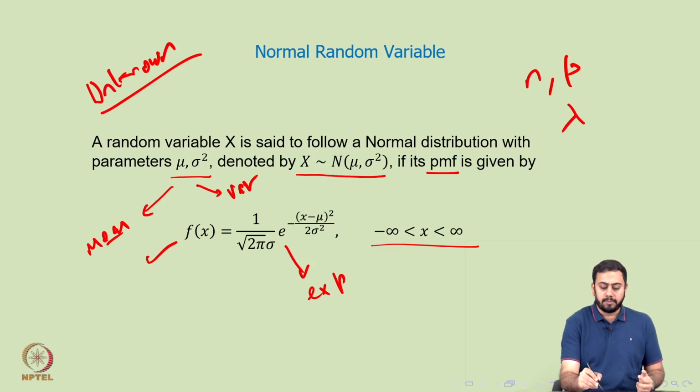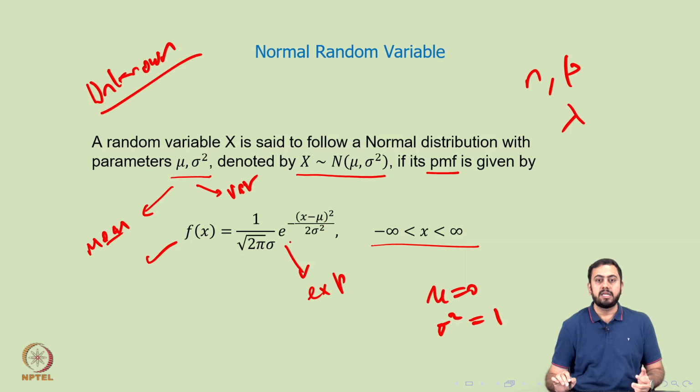For example, if I fix mu to be 0 and sigma square to be 1, then the corresponding density: since mu is 0 this would be minus x square, and since sigma square is 1 it will be minus x square by 2. Of course this constant will reduce to 1 by under root pi, since sigma is 1. So depending on what values mu and sigma square take, the density changes slightly.